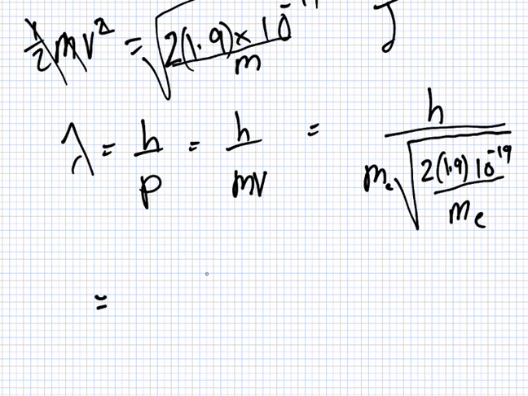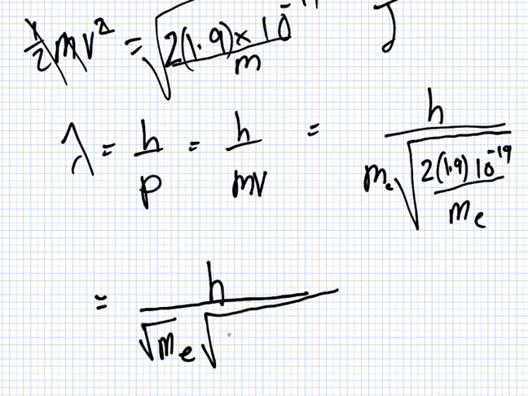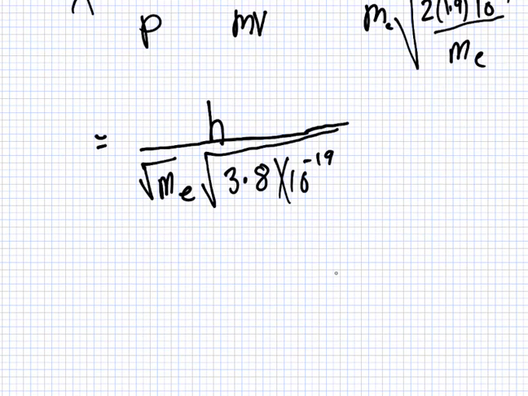This is the same thing as h over root the mass of an electron, root 3.8 times 10 to the minus 19. This is the same as h over root the mass of an electron.